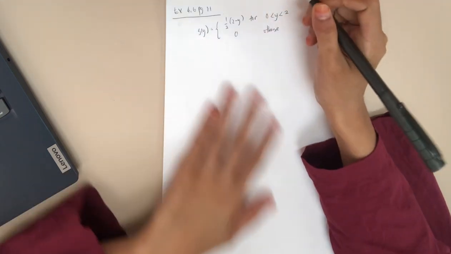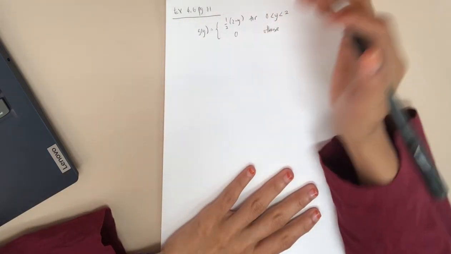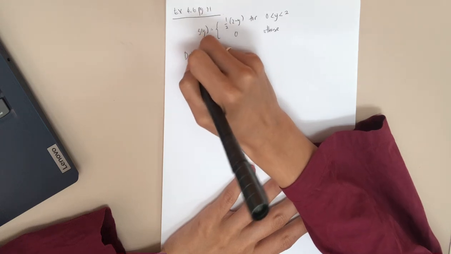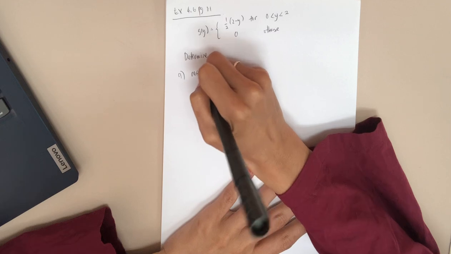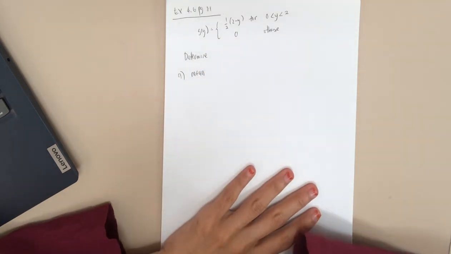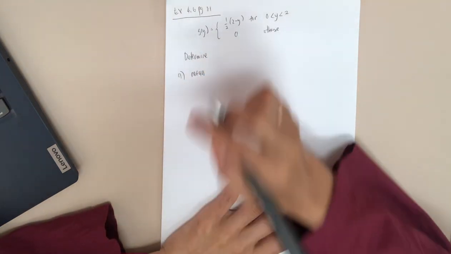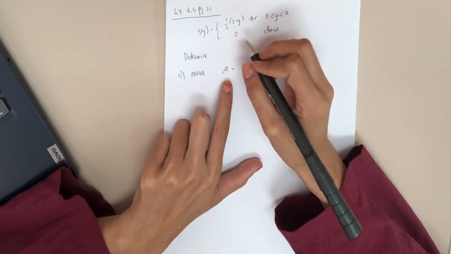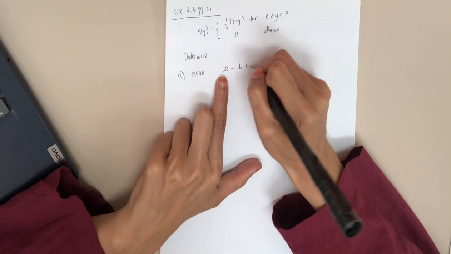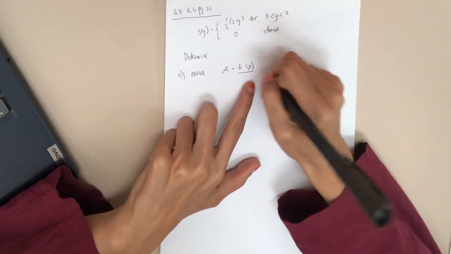So the question asks you to determine the mean and also the variance. So we find the mean first. What's the formula? You just write the equation first. Mu is equal to the expected value.